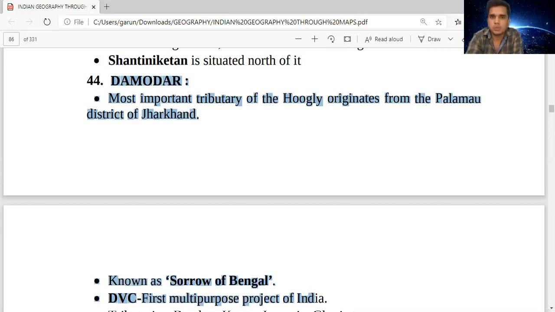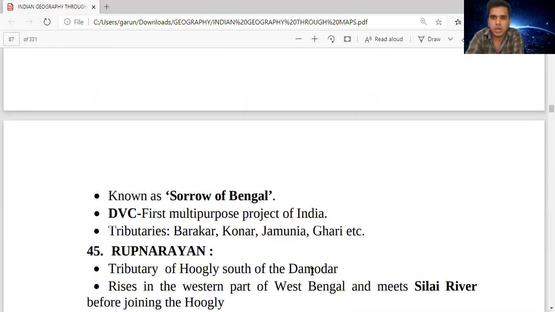So it is possible that later you will be asked about Damodar, Sorrow of Bengal. If a question is asked in previous papers, imagine they will ask a similar question, but change either the state or the river.